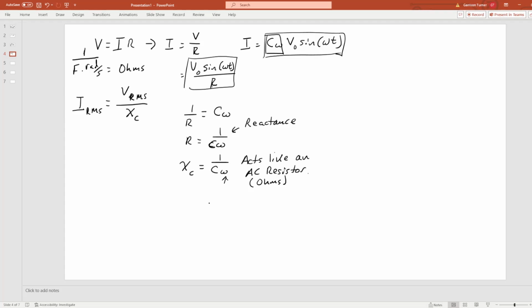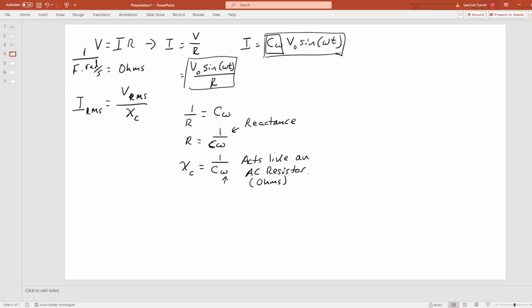But over a wide range of temperatures, your resistance is fairly constant, and it's based on the material that the resistor is made out of. But here, your capacitive reactance explicitly depends on the angular frequency of your circuit.